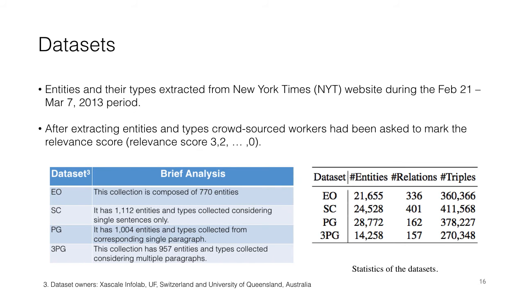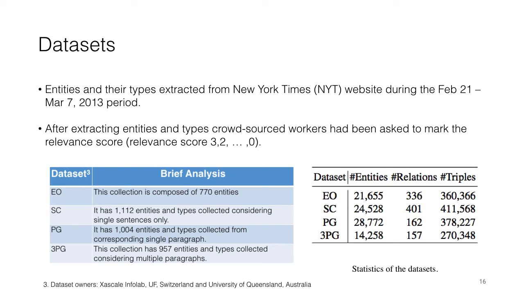To evaluate the validity of our proposed approaches, we use the same dataset created by the TRank authors. Data had been collected from the top news of each category from the New York Times website during the period of February 21 to March 7, 2013.